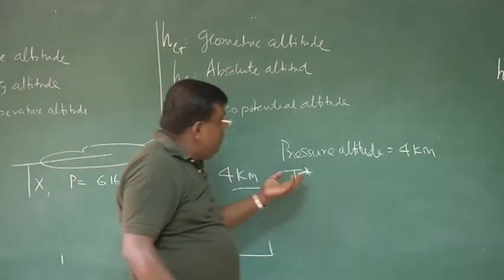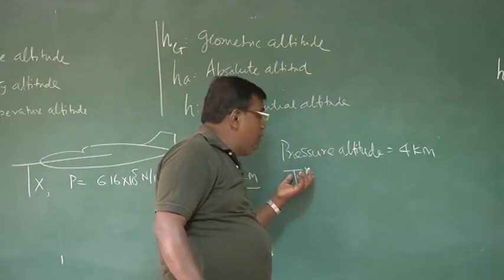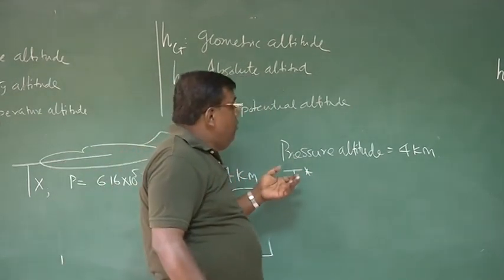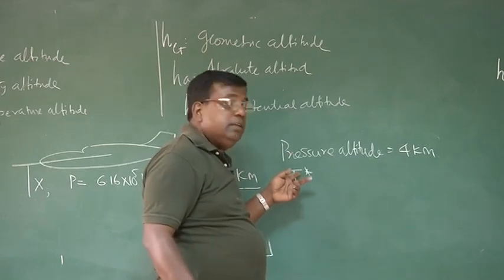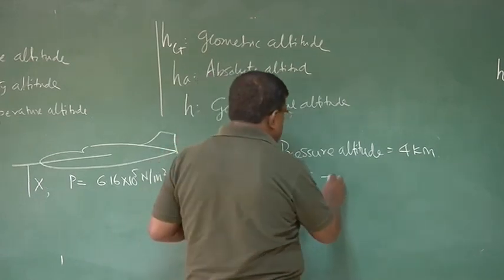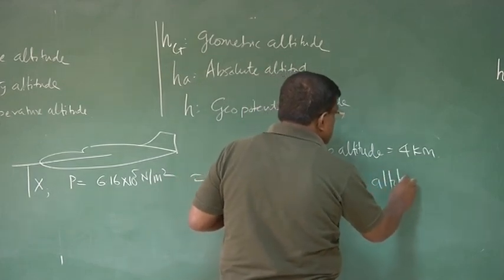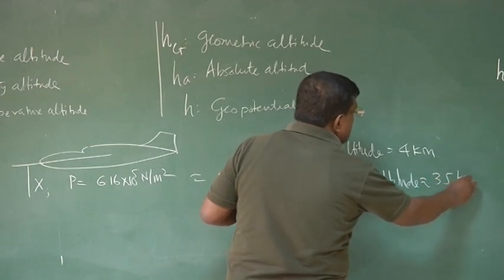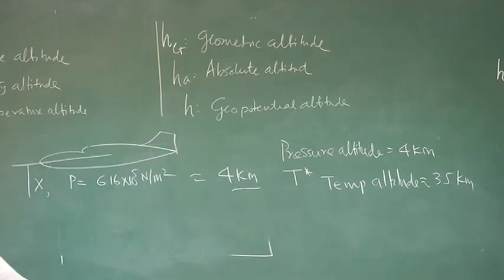Once you have noted down this T star, the temperature measured by the instrument at that altitude, come back to the standard atmosphere table and see what is the corresponding altitude at which the temperature is T star. So that becomes the temperature altitude. Roughly for this case, it may become 3.5 kilometers or any other number.